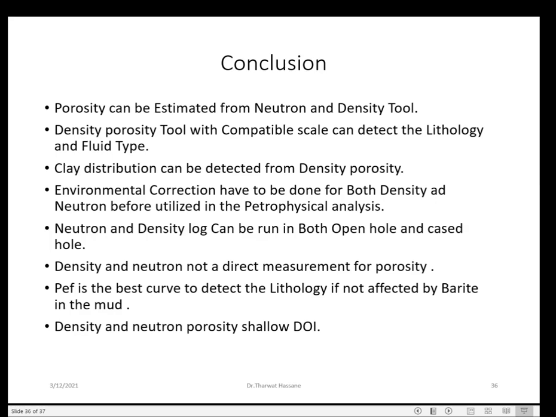Very important: neutron and density can be run in both open hole and cased hole. If you have a BEF in the mud and barite, please don't look at it, don't use it. It will be crazy reading. You have to estimate it or use the MN plot to get the lithology. And also the density and the neutron both share the depth of investigation. That's why both of them run combinable together and attached to the borehole in this case.